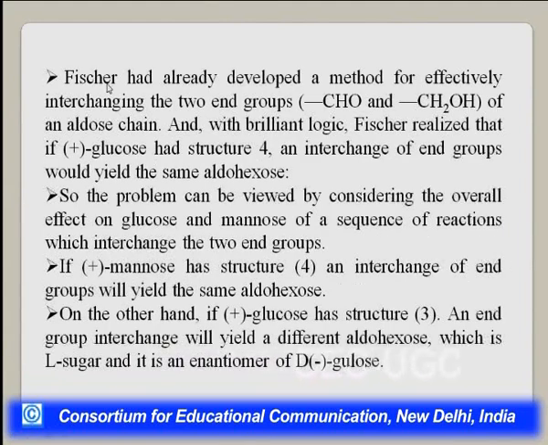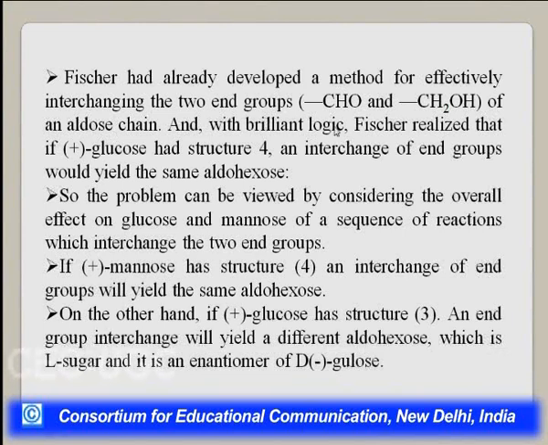What he did: Fischer had already developed a method for effectively interchanging the two groups. If you know about stereochemistry, 180 degree rotation is an allowed rotation. The configuration of a molecule will not change at all if we rotate the group by 180 degrees. And these are the end groups, CHO, that is the aldehyde group, and the alcoholic group of the aldose chain.